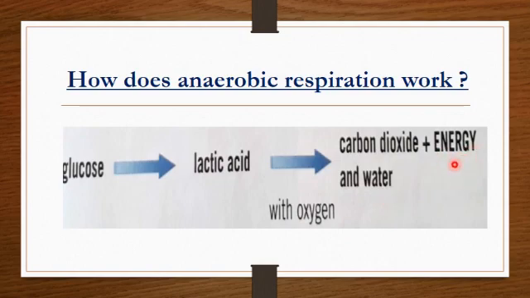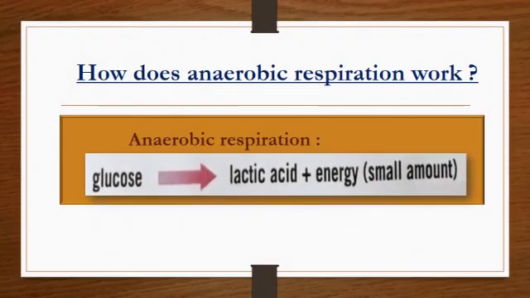And here a lot of energy is given, that is helpful in doing all body work. Here is a proper word equation to remember or to represent anaerobic respiration: glucose, without oxygen, is broken down into a chemical, lactic acid, and a small amount of energy is given out.